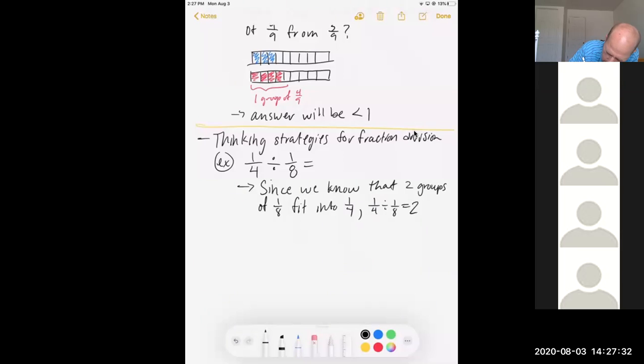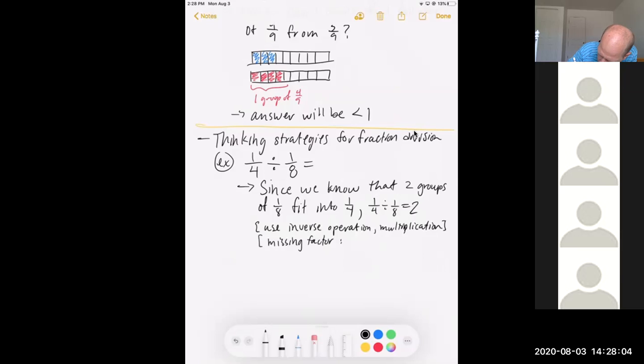This is using, which is a good strategy, the inverse operation of multiplication, the missing factor. Using that form of division. That helped me on this one as a thinking strategy.